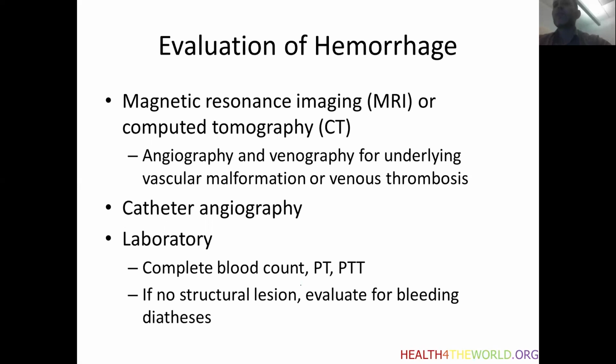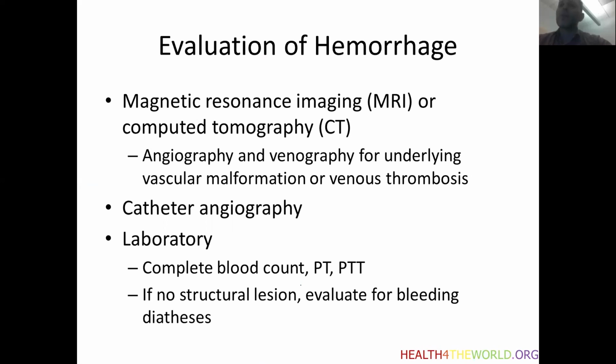Conversely, if an MRI or CT does show the presence of a vascular malformation, catheter angiography is often still indicated, sometimes for embolization for definitive treatment, at other times for better characterization of the lesion for potential surgical resection.